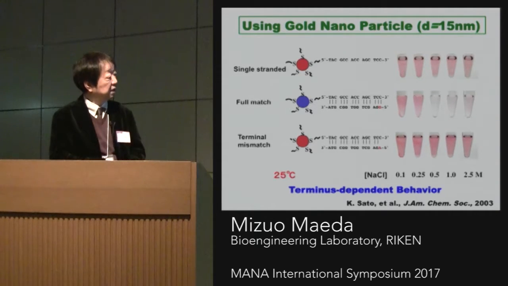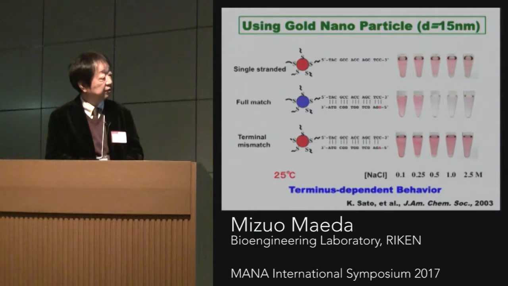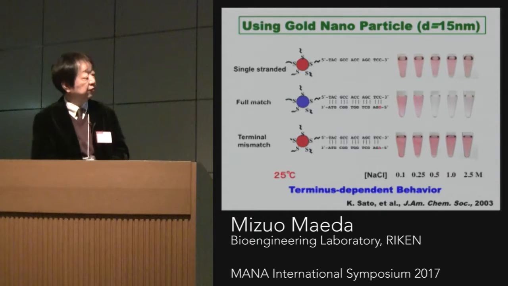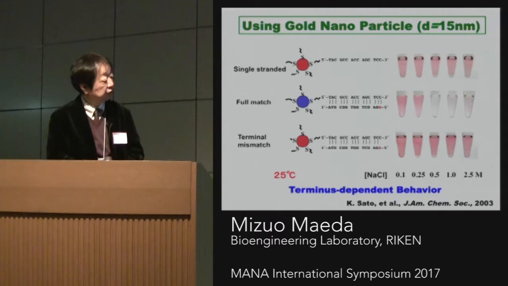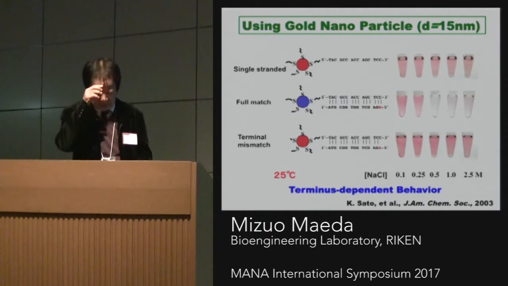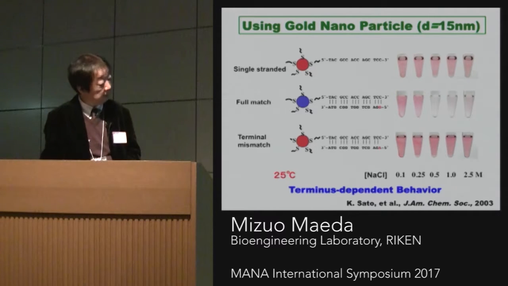But if you add the fully complementary sequence, you can see the color change at around 0.5 molar sodium chloride. In contrast, terminally mismatched DNA did not give such a color change at all. So terminus-dependent behavior was also observed here.